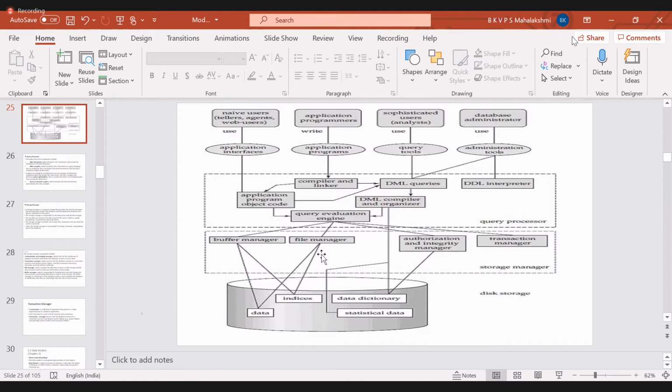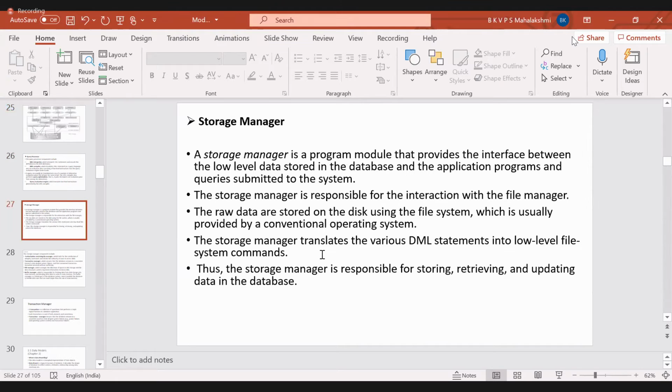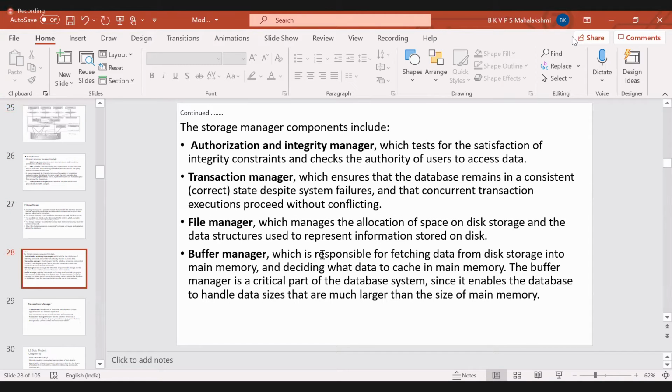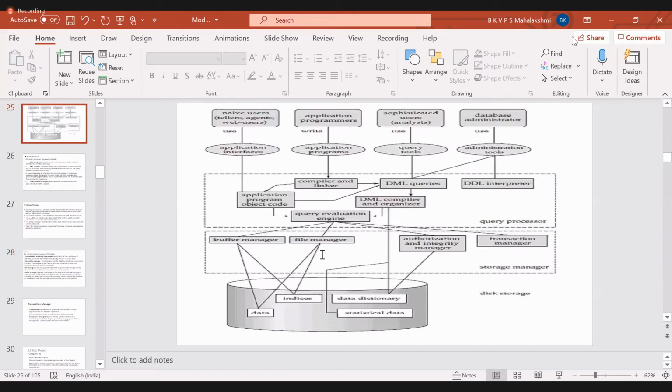What is the file manager and what is the buffer manager? See here. Got it? Understood?